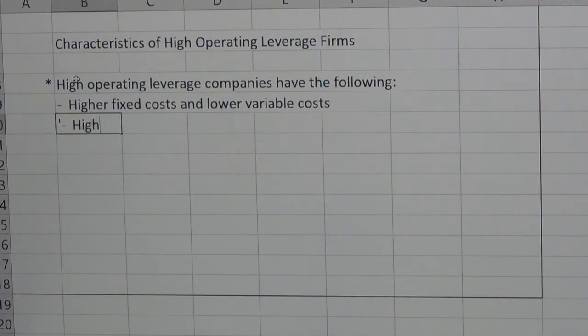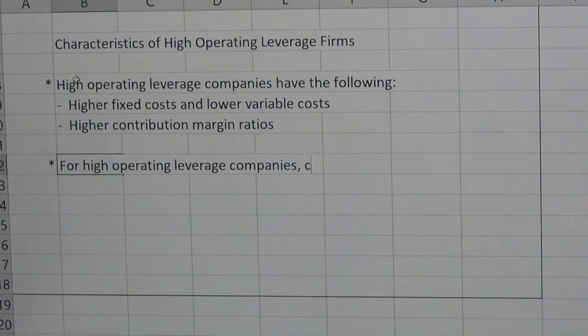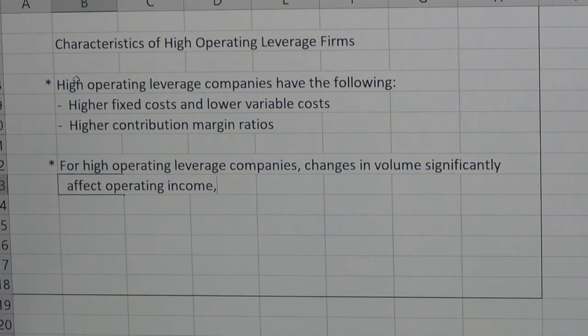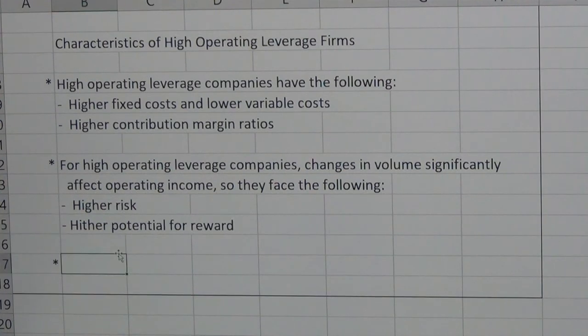And they have higher contribution margin ratios. For high operating leverage companies, changes in volume significantly affect operating income, so they face the following: higher risk, higher potential for reward.